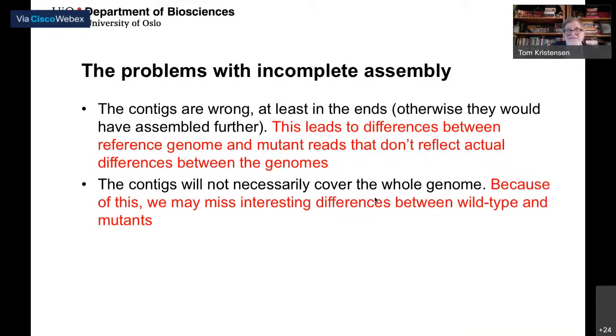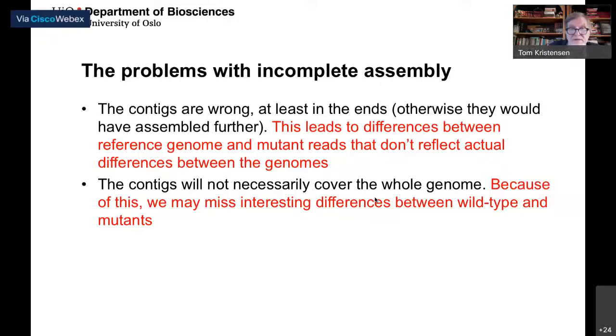And I've hinted already that there are some problems. It could be preferred to have a complete circular genome rather than a collection of contigs. And the reasons are, first of all, that the contigs are wrong, at least in the end. Otherwise, they would have been assembled further.